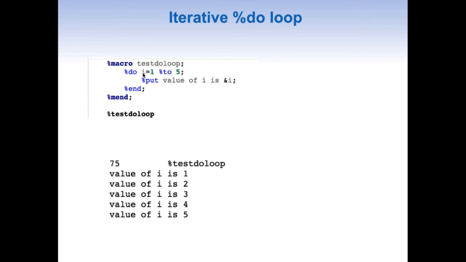When our %do loop starts, the i value will be 1, and here you can see the value of i is 1, and then it increments by 1, it becomes 2, then increments by 1, it becomes 3, then 4, and one more, 5. It tries to increment one more time, but as the endpoint is already reached, it doesn't loop through anymore.